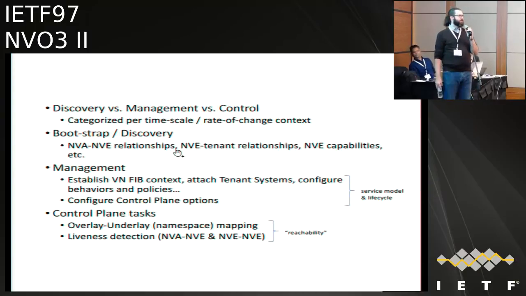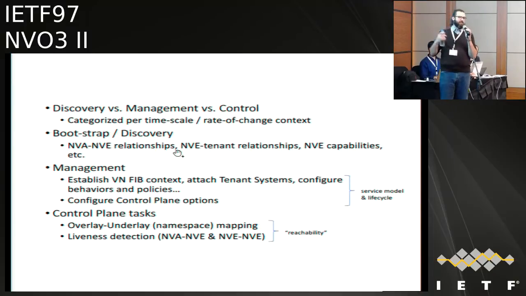One of the first things we had as a discussion was an open-ended question about what it exactly means to have a control plane in NVO3. There was some discussion about distributed control planes versus centralized, and management versus control, and so on. I tried to capture this notion that we have things like discovery, management, and control, which happen at different points in time and change on different time scales.